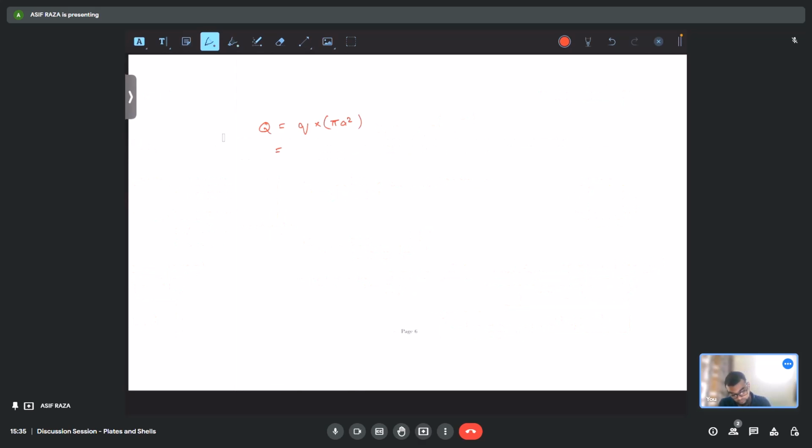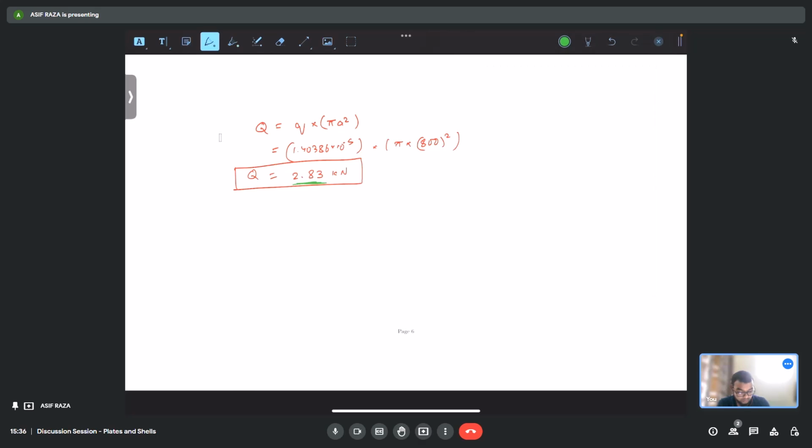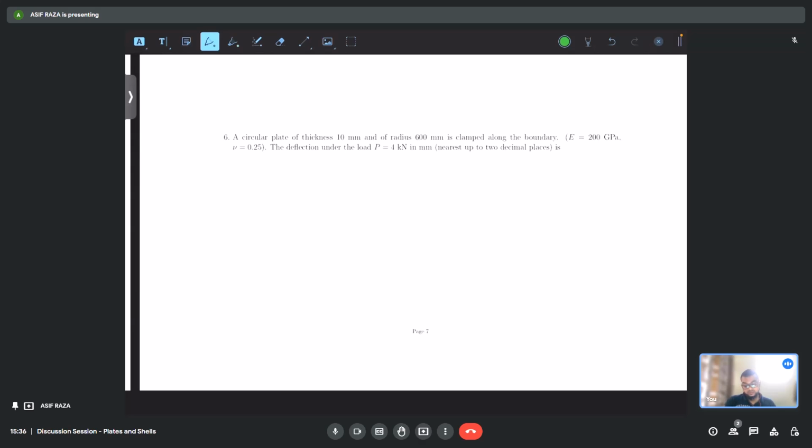So this is 1.40386 × 10^-3 times π times 800 mm squared. When we solve this, we'll get 2.83 kilonewton. So this is my answer. Okay, let's move on to the next question.